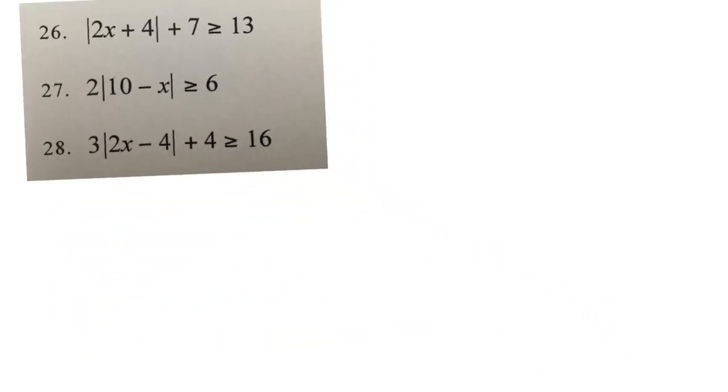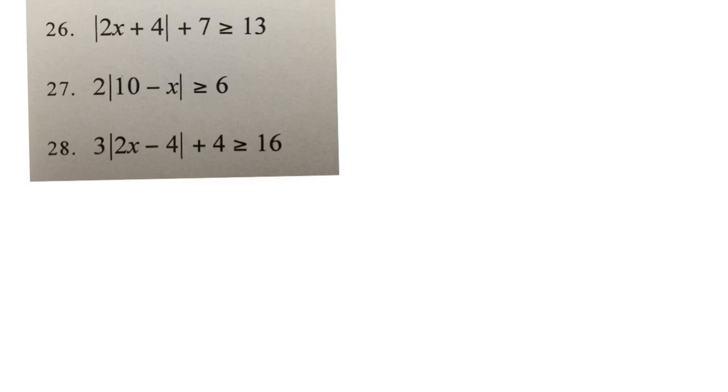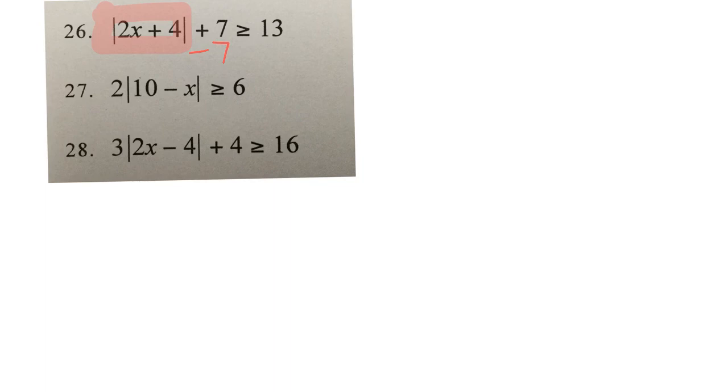All right, I know this is a long video, but we are almost to the end. Okay, again, we're going to get the absolute value by itself. Okay, so this has to be by itself. To do that, we're going to subtract 7. So I have the absolute value of 2x plus 4 greater than or equal to 6.